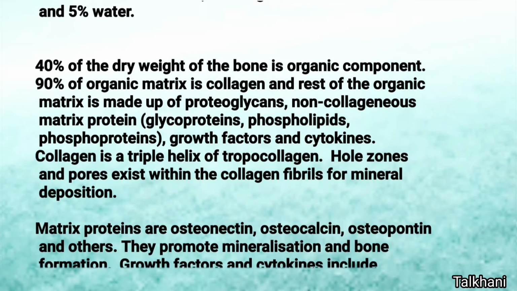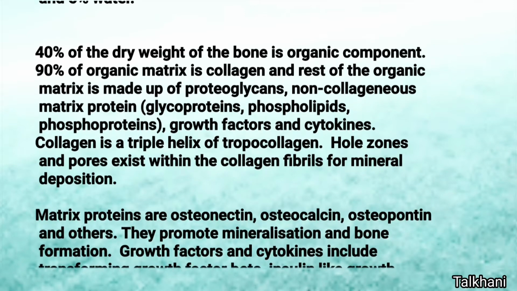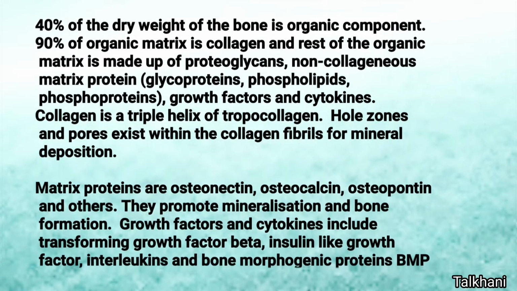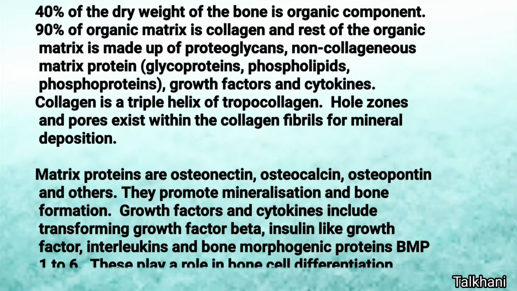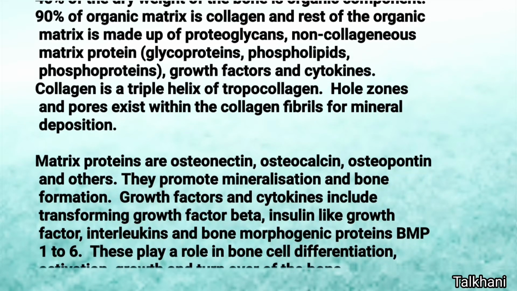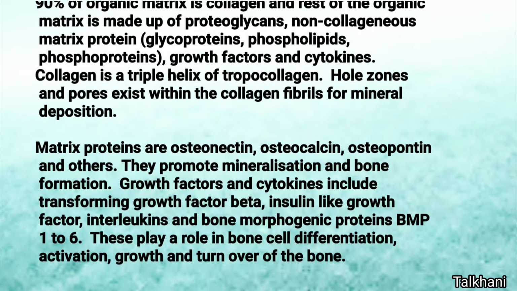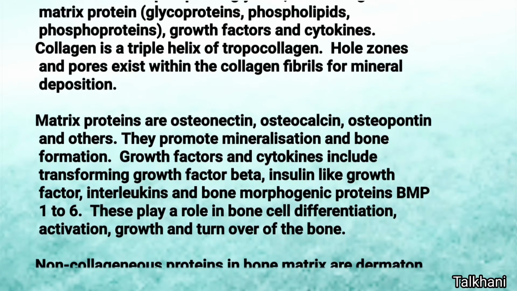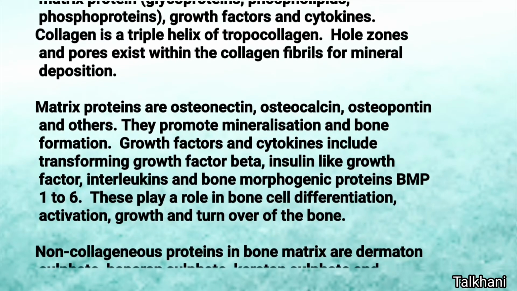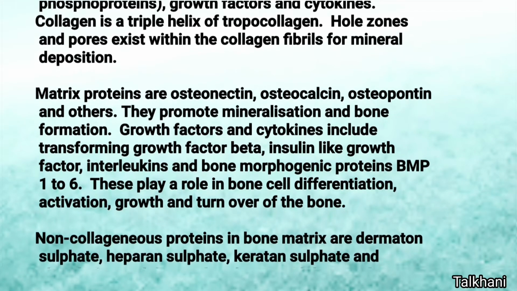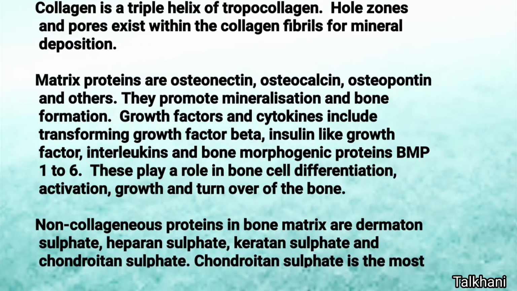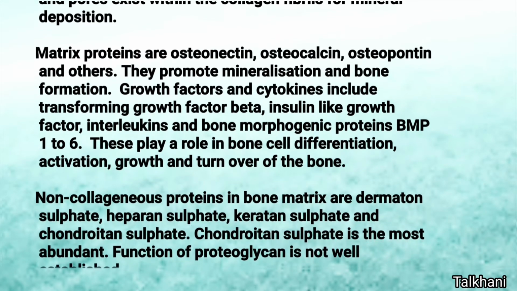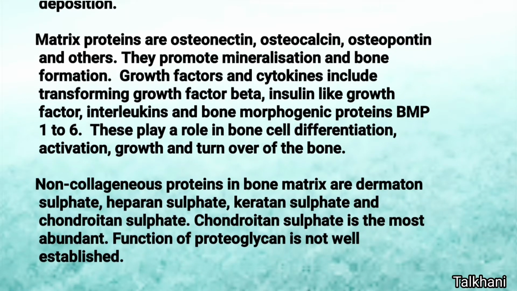Glycoproteins, phospholipids, phosphoproteins, osteonectin, osteocalcin, osteopontin are some of the matrix proteins. They promote mineralization and bone formation. Growth factors and cytokines include transforming growth factor beta, insulin-like growth factor, interleukins, and bone morphogenic proteins, BMP 1 to 6. These play a role in bone cell differentiation, activation, growth, and turnover of the bone.